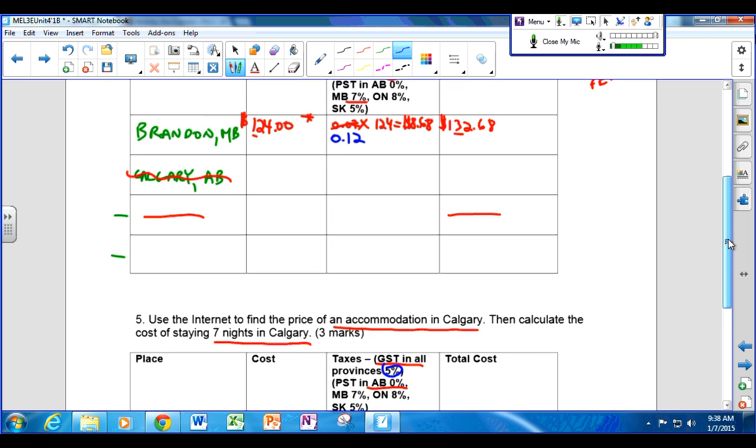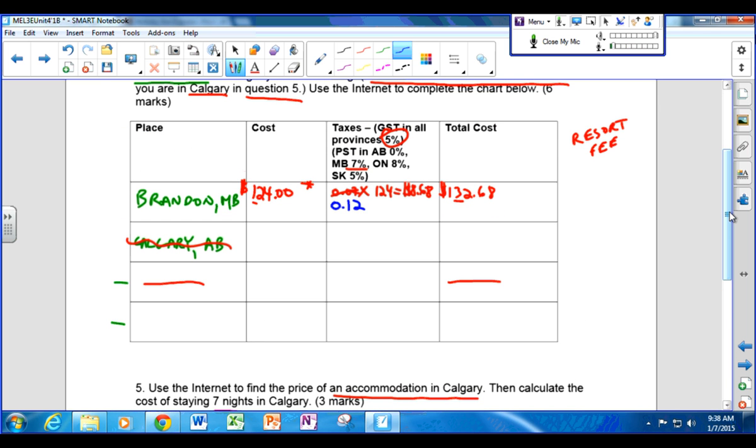Now let me go fix this mistake. This is why I love math so much. Made a mistake up here, and no problem. Just go cross it out, fix it. Right. All right. Now, so it's $124 times 0.12.